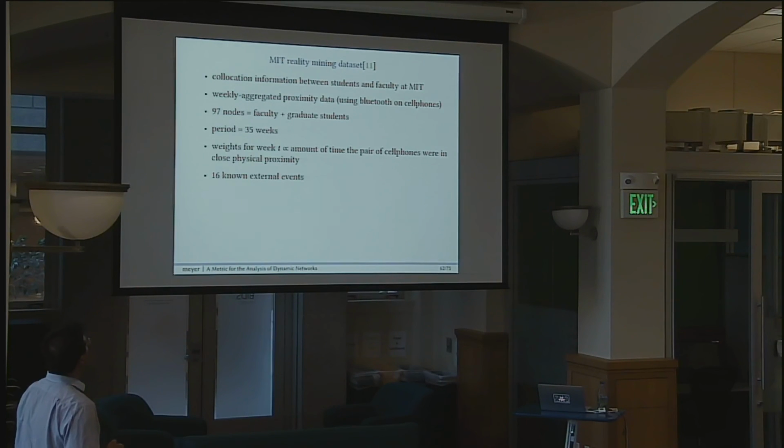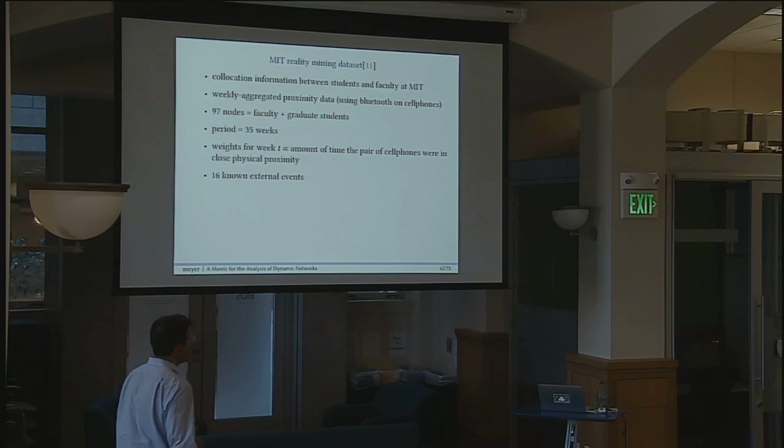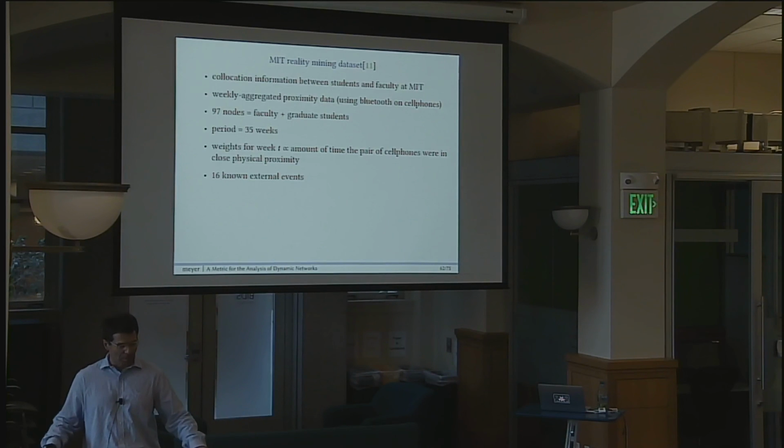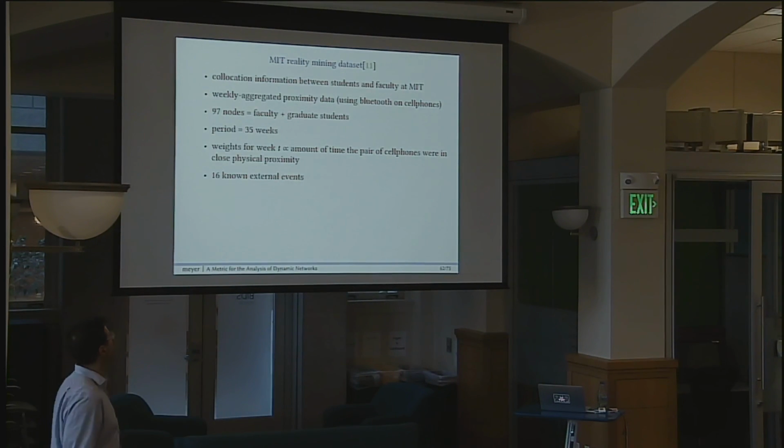We're going to quantify those interactions as we move throughout the semester. If people start talking a lot to one another, there will be many edges being created. If everyone stays in their office, there are no edges. Edges correspond to the amount of time that the cell phones are in close physical proximity, so the Bluetooth can talk to one another.